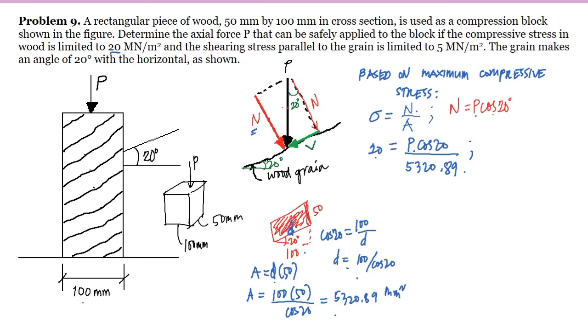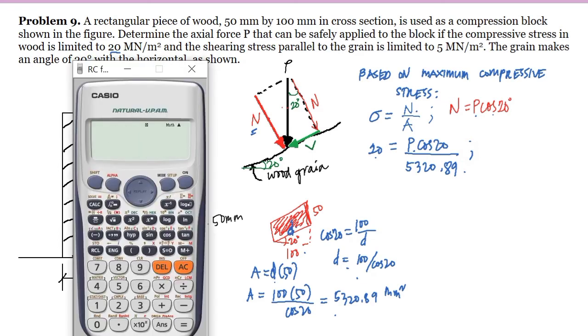So computing for the value of P, we have 20 is equal to P, palitan natin ng X, cosine 20 over 5320.89, and shift solve equals, so we have 113,247.46 Newton.